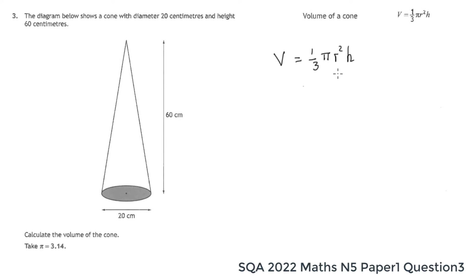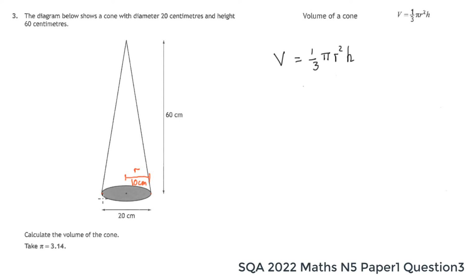So first of all, r. Well, we know pi, we're supposed to use 3.14. r is the radius of this base. Now we're given the diameter, that's from this edge to this edge, and you should know that the radius is 1/2 of that diameter, and you can see that that's 10 centimetres.